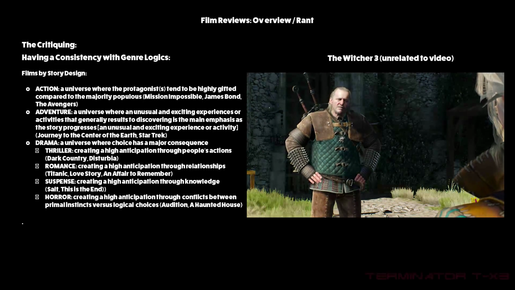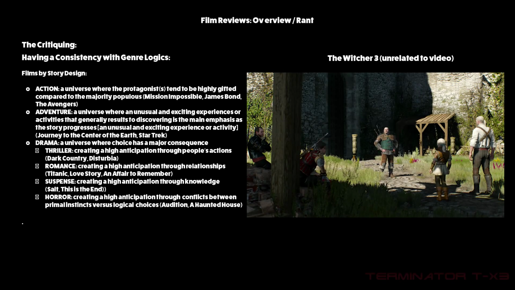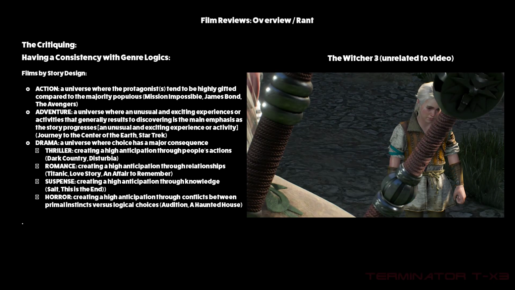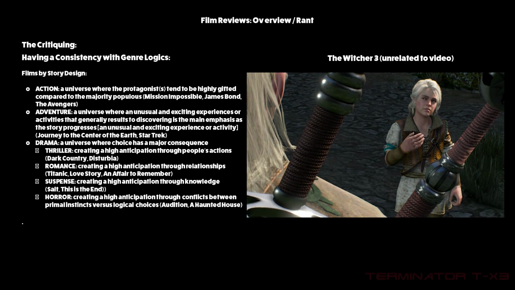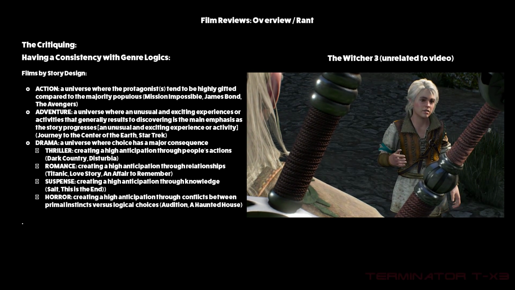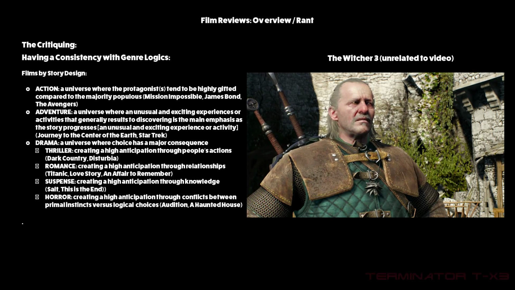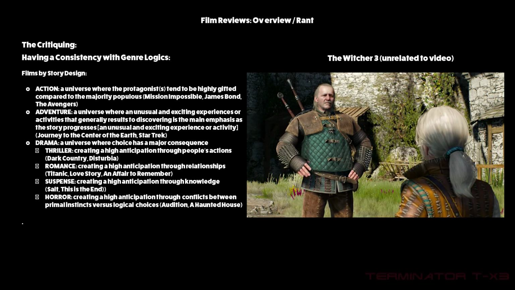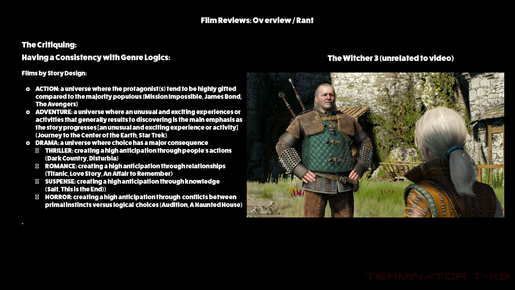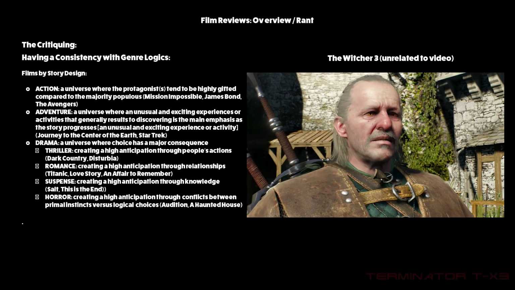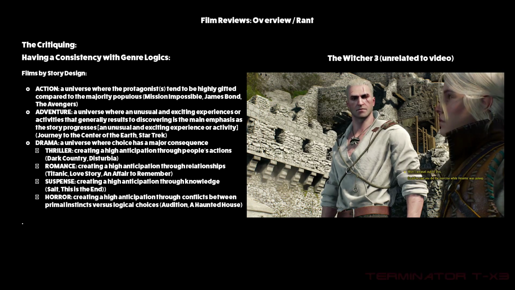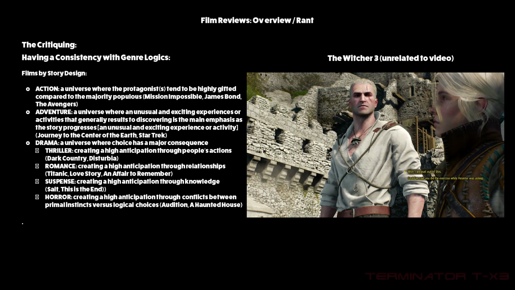So the first genre is action, a universe where the protagonist or protagonists tend to be highly gifted compared to the majority populace. Examples are Mission Impossible, James Bond, The Avengers. Adventure, a universe where unusual and exciting experiences or activities that generally result in discovering are the main emphasis as the story progresses.